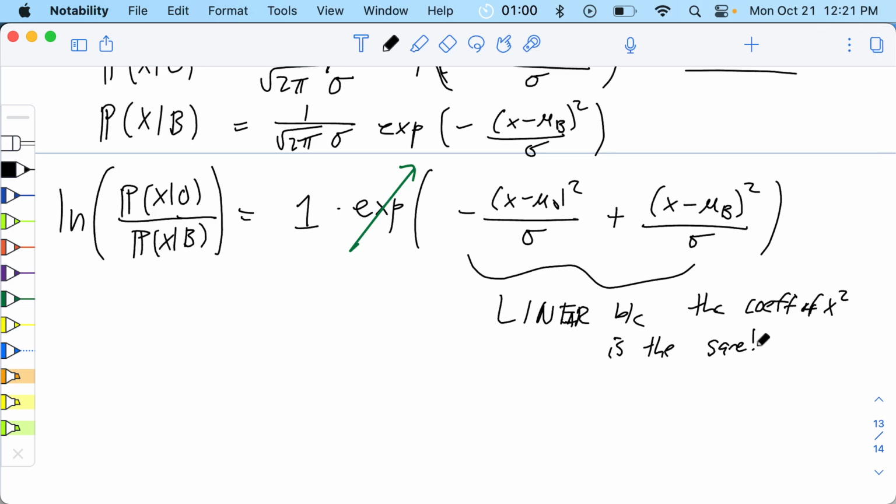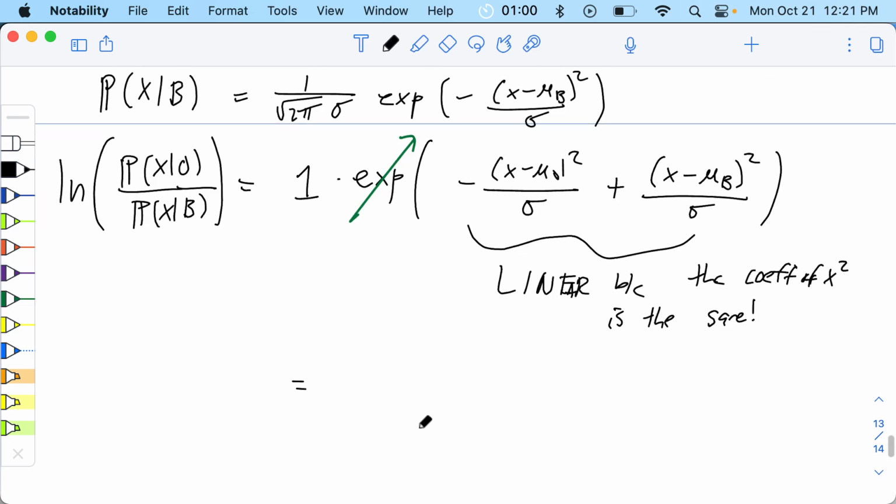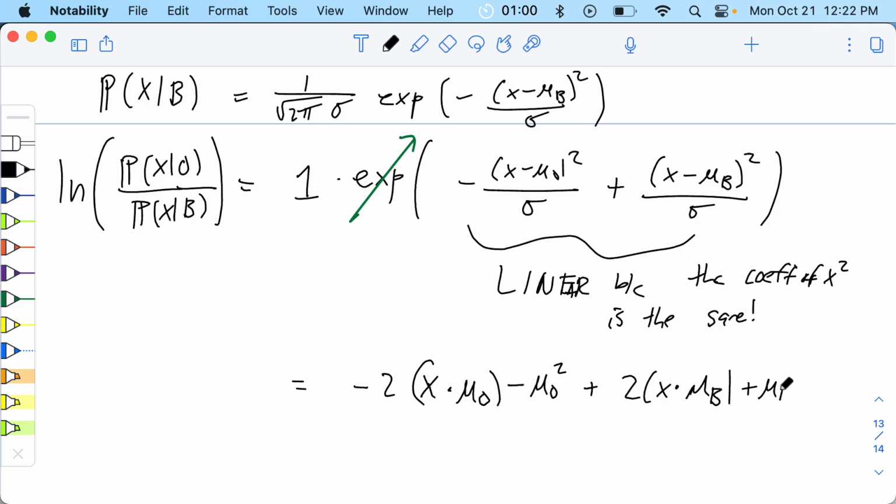And in fact, if you calculate what it is, let's see. Well, okay, I don't even want to calculate what it is. Well, okay, let's do it. x minus mu 0 times 2 plus mu 0 squared, the minus. Plus 2 x minus mu b times, plus mu b squared.